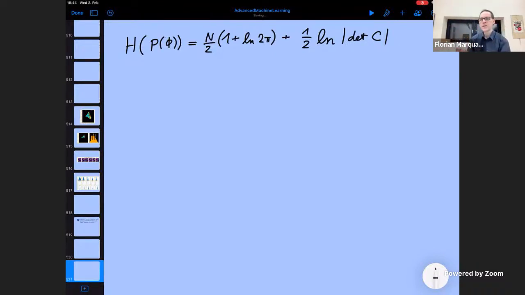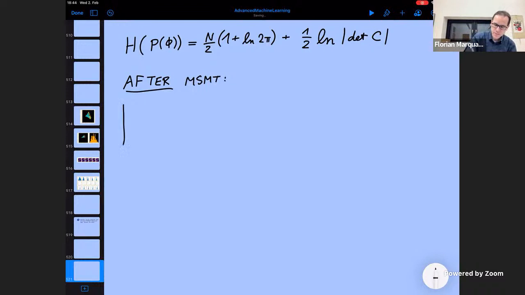Okay. Now that's before the measurement, so to speak. What happens after the measurement? Well, that's something we discussed when we discussed Gaussian random processes.